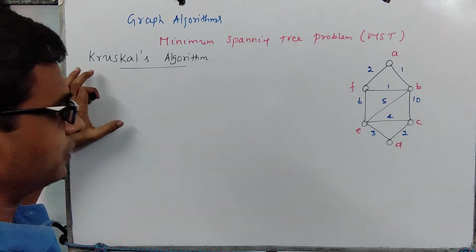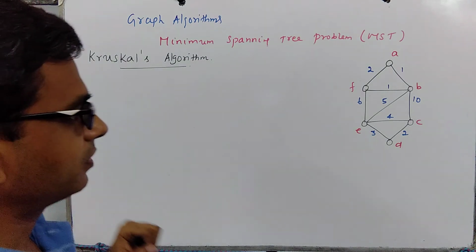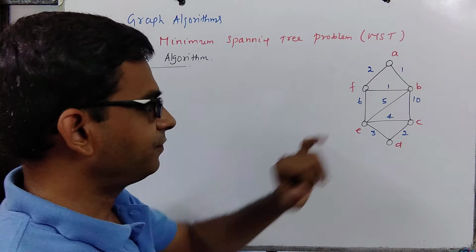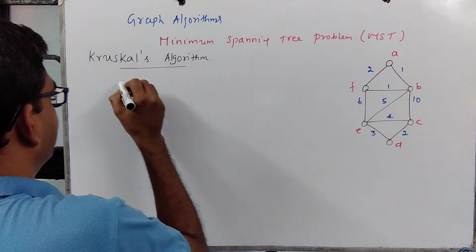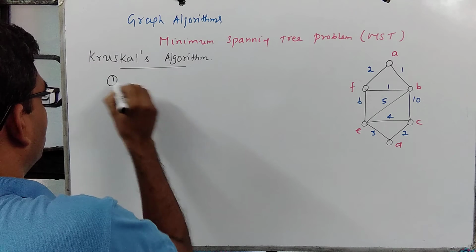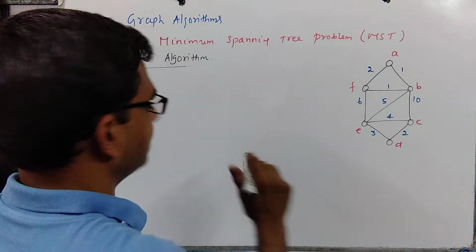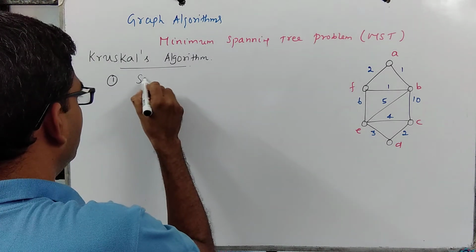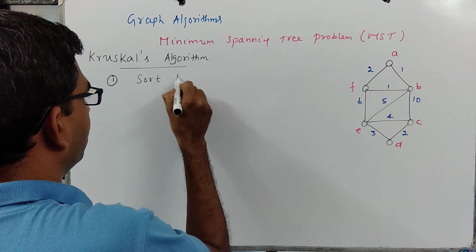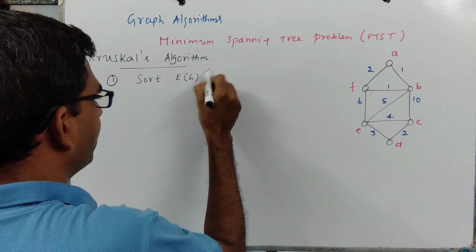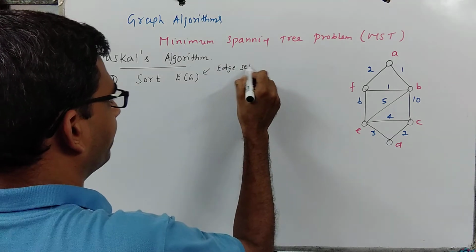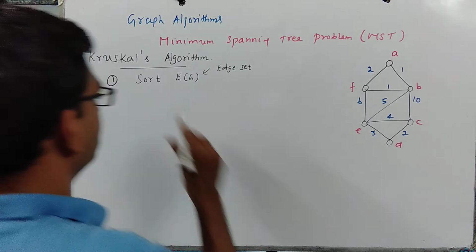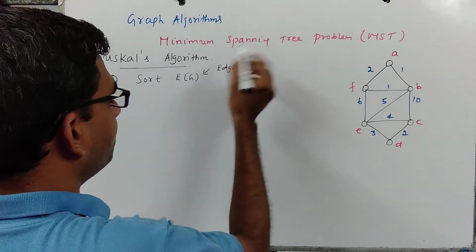We shall discuss Kruskal's algorithm first. Consider this graph. With respect to this, let us run our greedy strategy. So step 1 of greedy strategy says sort E of G. E of G meaning the edge set of G. So in it is minimum weight.